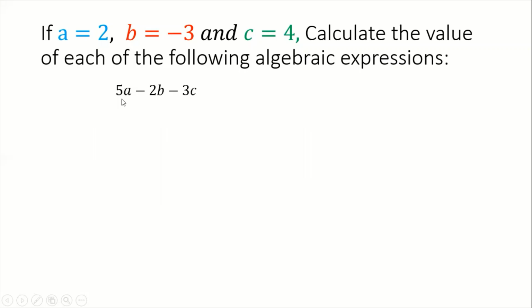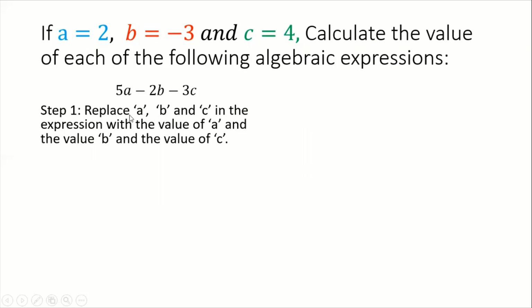Now we are given the expression 5A minus 2B minus 3C. Again, step one, you're going to replace A, B, and C in the expression with the value of A and the value of B and the value of C. All right. So how would you represent this? You would represent this as 5A minus 2B minus 3C is equal to 5 times 2.